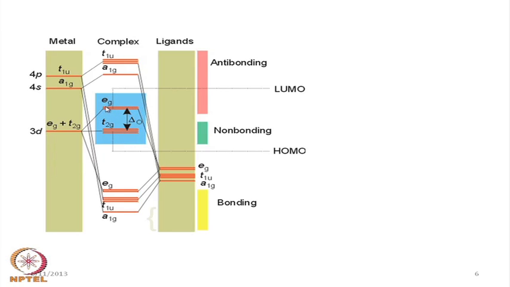And interestingly, we can see that we do not have any control over the energy level of this eg level. What we have been considering for the crystal field interactions is that since we have the crystal field splitting, we have the stabilization for the T2g level and the destabilization for the eg level because of the head-on interaction from the eg orbitals, that means the dz square and dx square minus y square orbitals, and they are destabilized, and that is why they are of higher energy.